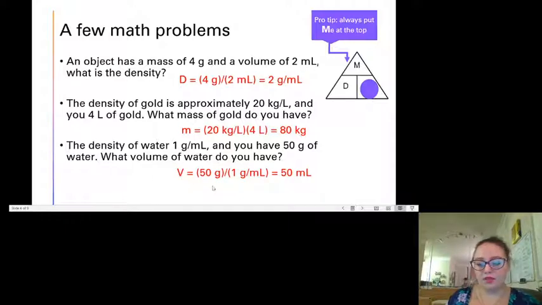So I put the 50 mass divided by my density, the 1 gram per milliliter. Grams cancel, and we get 50 milliliters of water. And that's the end of the math for this. That's all the density math that you got to know. That density equals mass over volume, or you can remember the triangle.